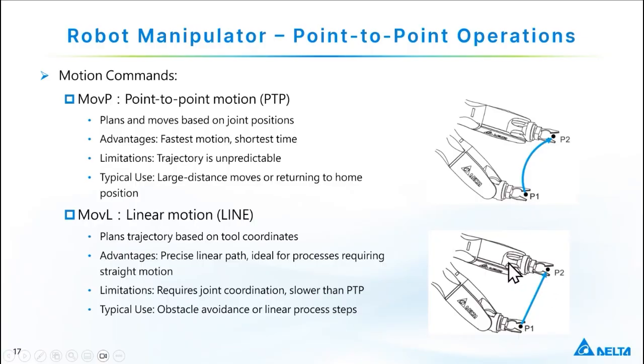Okay, so there's a difference. But if we use move P2P motion, it will be faster and give the shortest time we can get. So it depends on the situation you want to move. Like if you just want to return to home, we can use P2P. And if you want obstacle avoidance, you can just use the line motion.